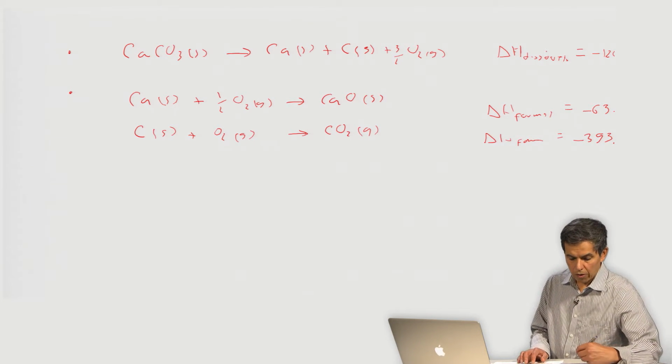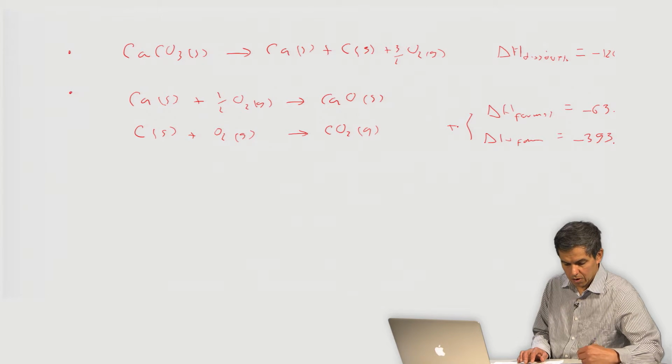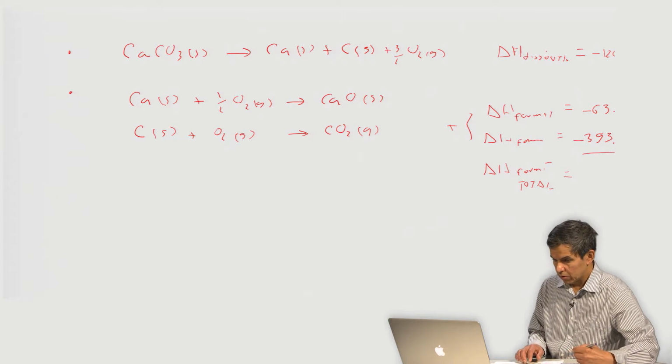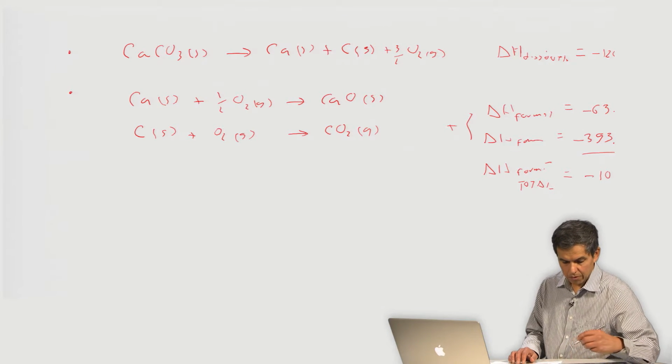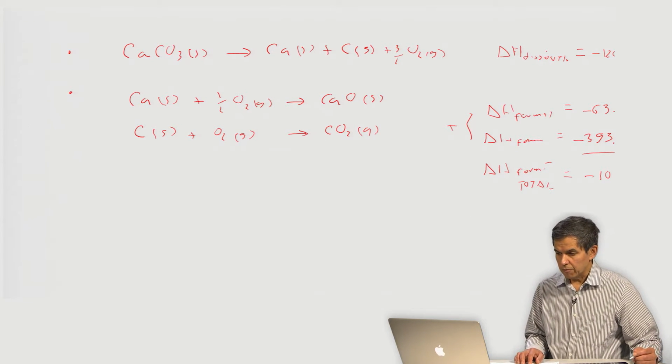So we know then that if we add these two, the delta H of formation total is going to be equal to minus 1029 kilojoules. Once we have this information, we can start drawing the diagram.